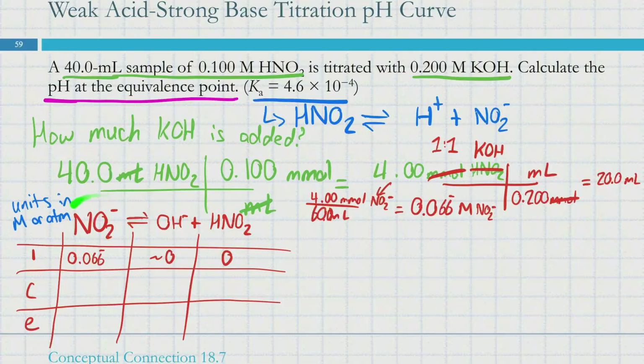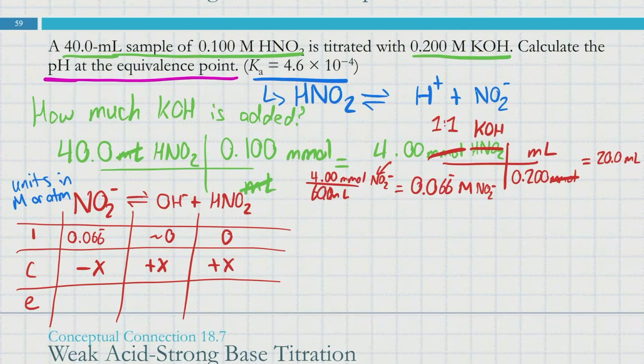That means that this little equilibrium expression that I wrote out can only move in the right direction. So we're going to have our negative x, plus x, plus x that we have seen so many times before.